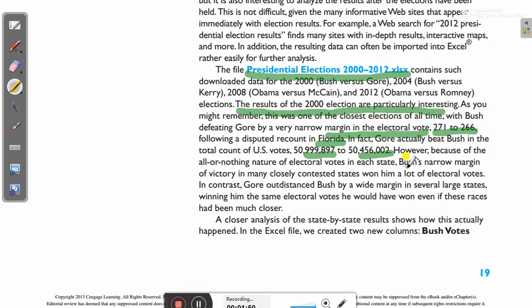So in that election Bush won by a narrow margin. But I'm not going to talk about the election in the US, but about the data involved in that election process.